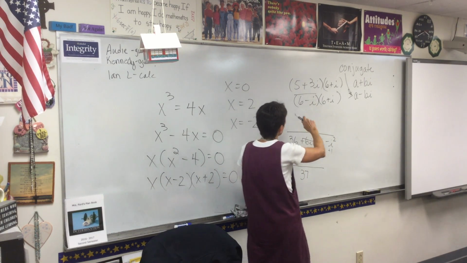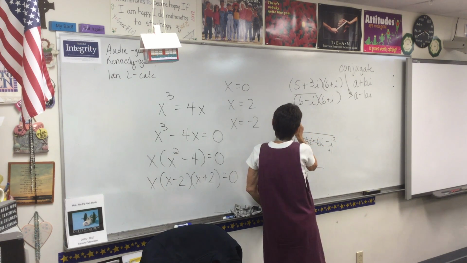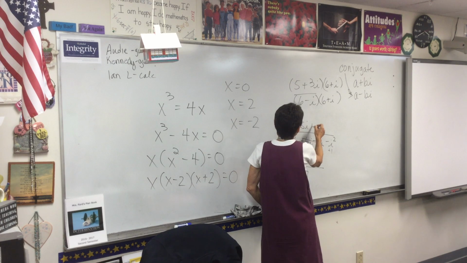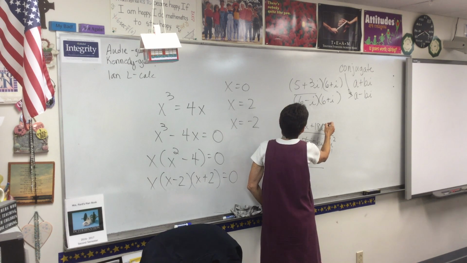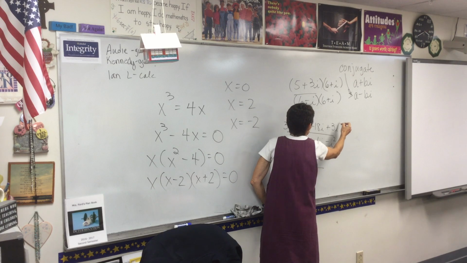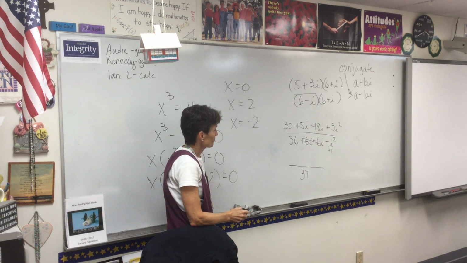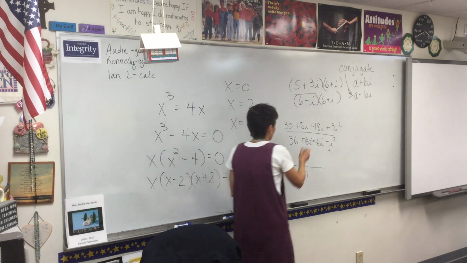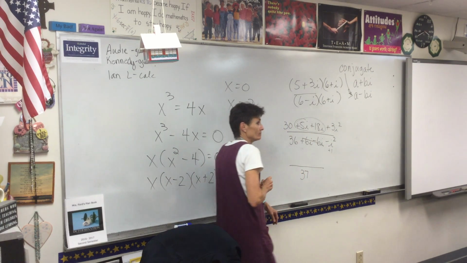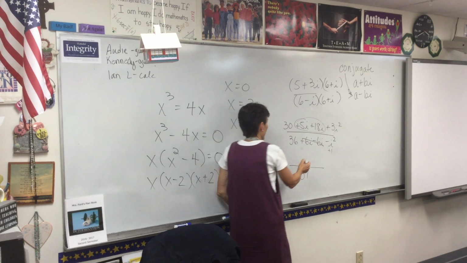Now, we still have stuff on the top, so let's FOIL the top. First, outsides, insides, lasts. These add, right? So we have 23i.